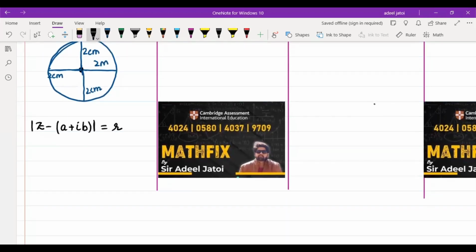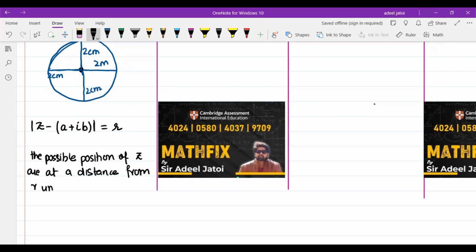So this will represent the possible position of z at a distance of r units from a plus iota b.